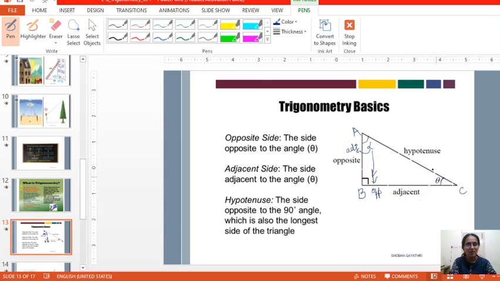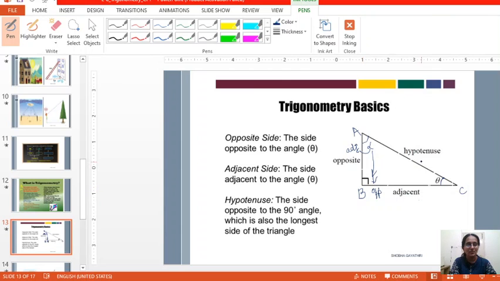For theta, opposite side is AB, adjacent side is BC. For alpha, opposite side is BC, adjacent side is AB. You have to take a little extra care to get the opposite and adjacent sides.